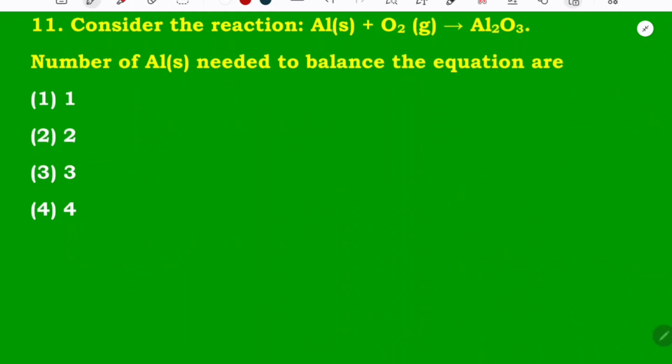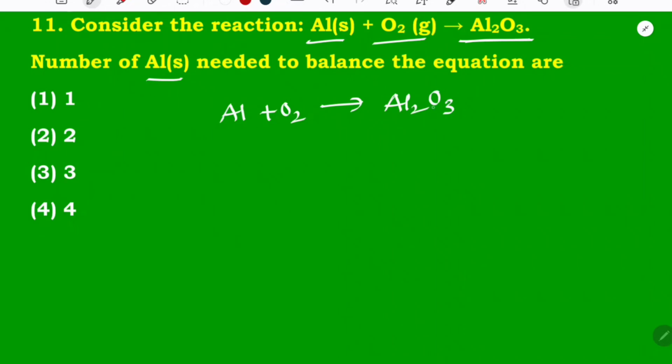So consider the reaction aluminium plus O2 oxygen to form aluminium oxide. The number of aluminiums needed to balance the equation. How many aluminiums are required? So let's check. You can write the formula Al plus O2 gives Al2O3.